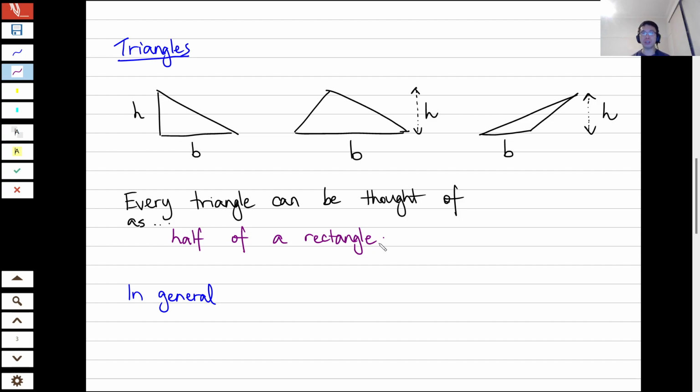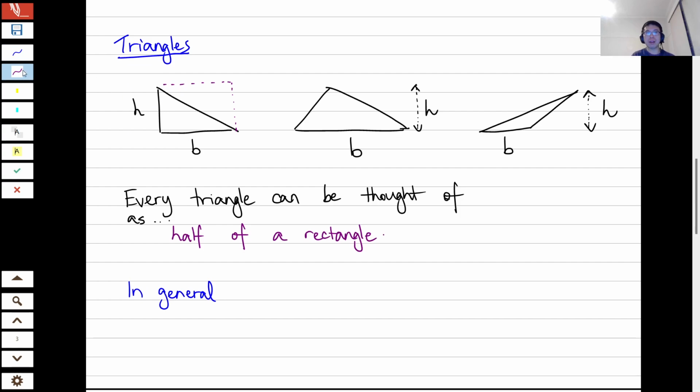So let me show you this in these pictures. Suppose I gave you a triangle with a base length, so base meaning the bottom, B, and a height, H. That's how tall it is.